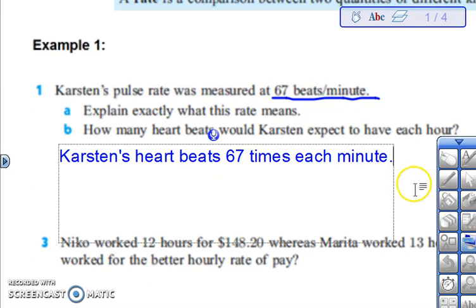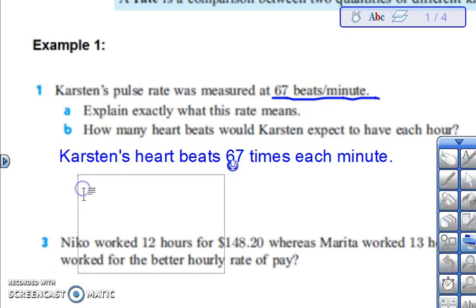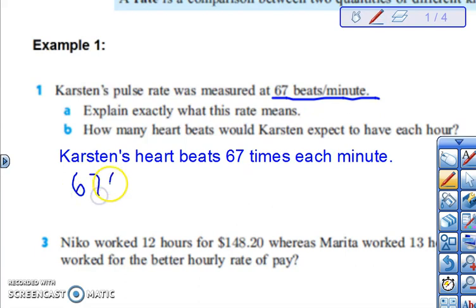And so how many heartbeats would we expect to have in an hour? Well, if my heart beats 67 times in 1 minute and there are 60 minutes in 1 hour, I'm going to do 67 times 60, and that should give us 4,020.